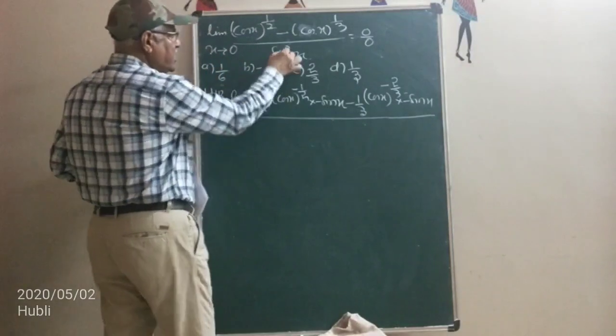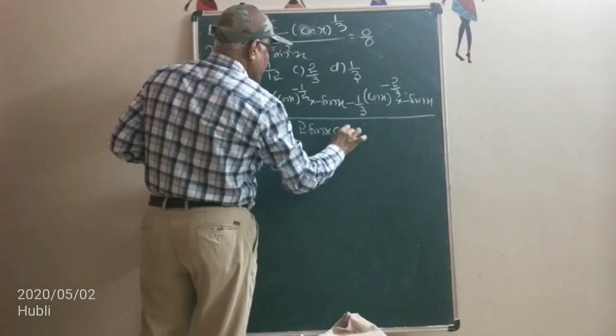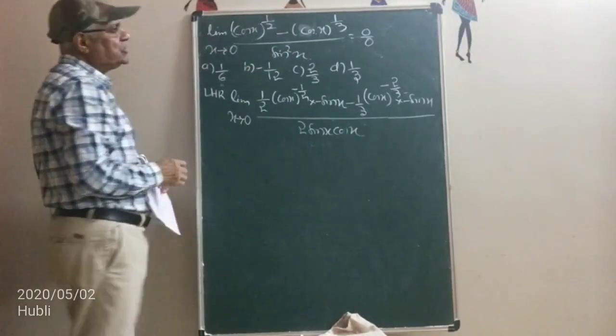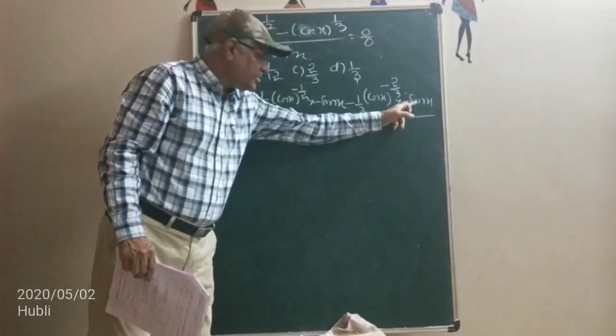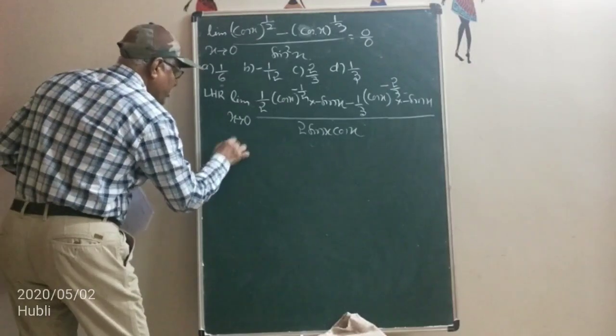And divided by here, for sin square x the derivative is 2 sin x into cos x, as x tends to 0. See, sin x is a common factor in the numerator and even the denominator is there. So let me take the common factor now.